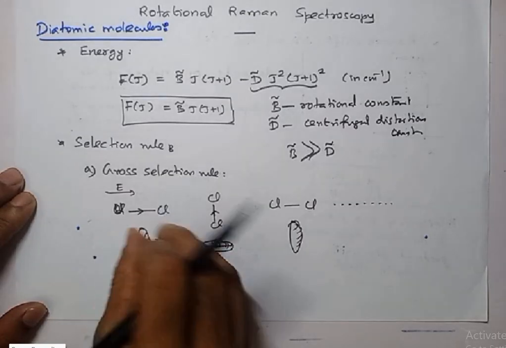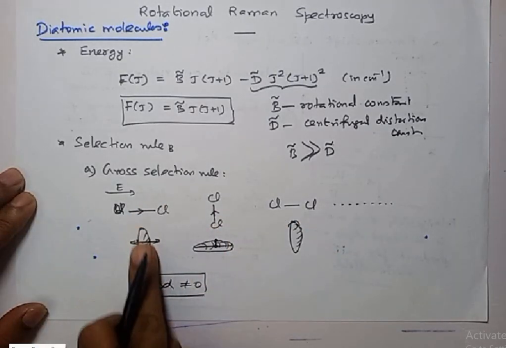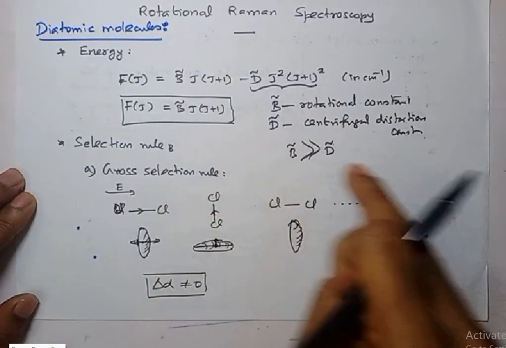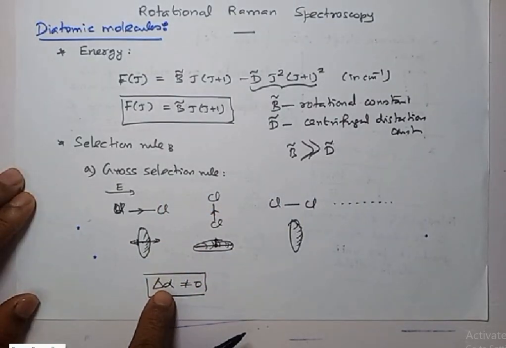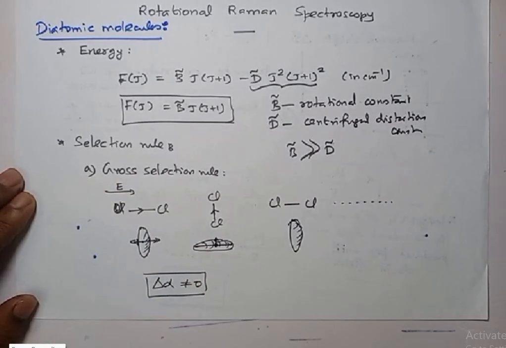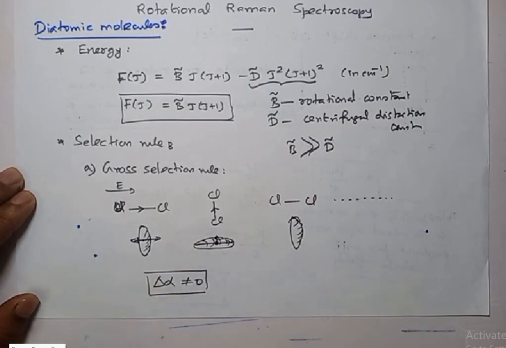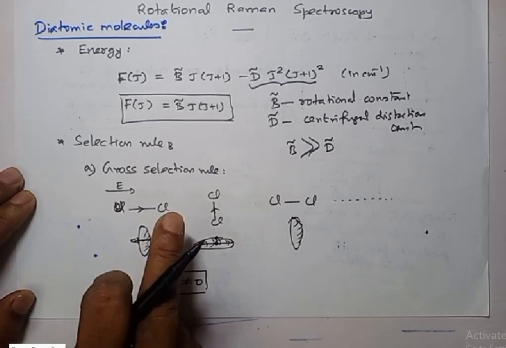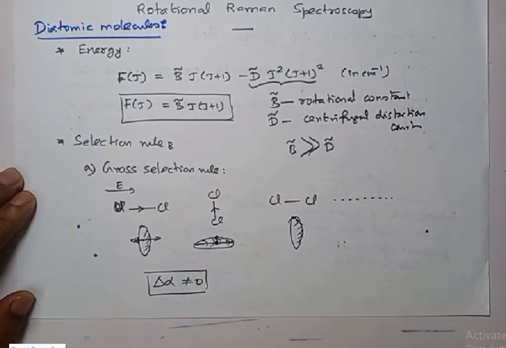Now see, the shape of the polarizability ellipsoid changes, correct? Here the ellipsoid is like this, here the ellipsoid is like this. As the molecule rotates, the shape of the ellipsoid changes, which means polarizability, delta alpha, is changing. So during rotation, the polarizability of the molecule changes. If polarizability changes, then those molecules are Raman active.